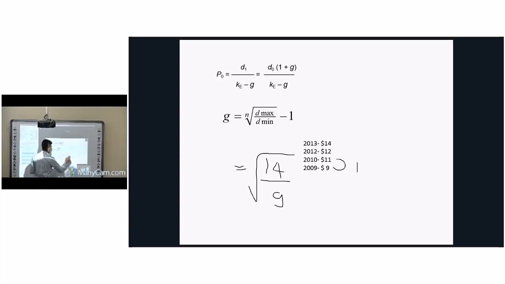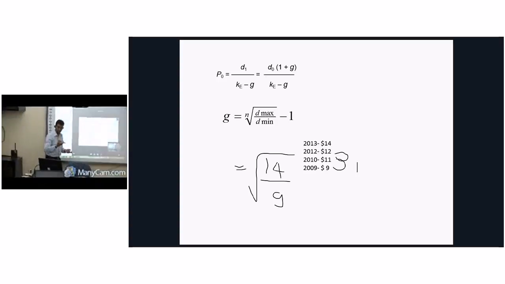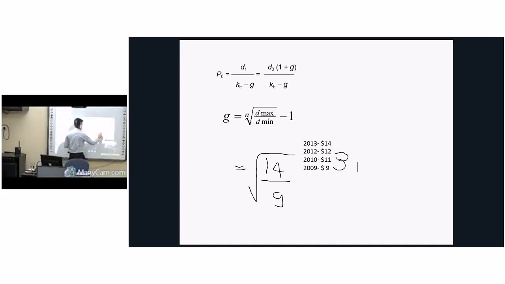From 2010 to 2011, yes, we don't have that data, but it's another step, another year. So basically 2009 to 2010, 2010 to 2011, 2011 to 2012, 2012 to 2013.